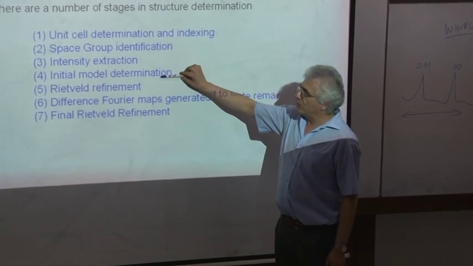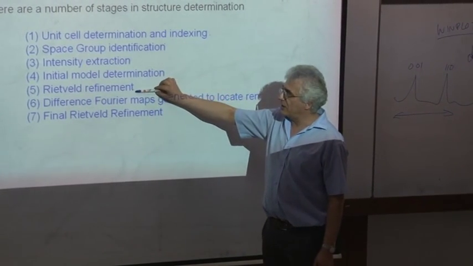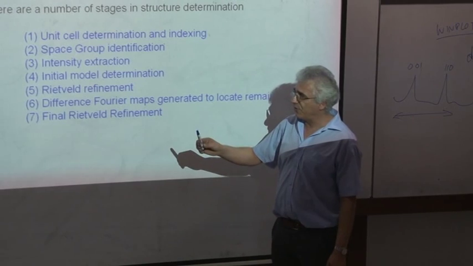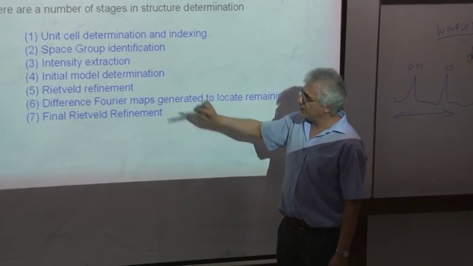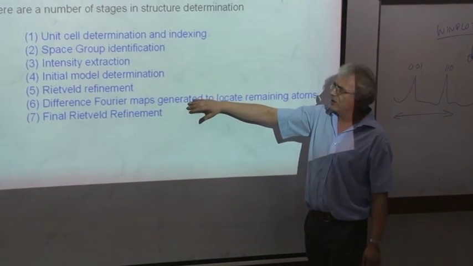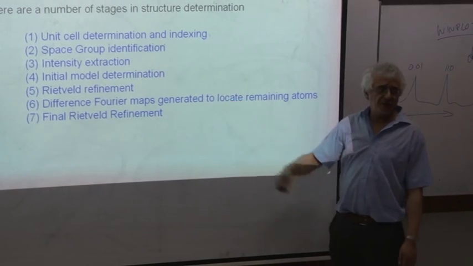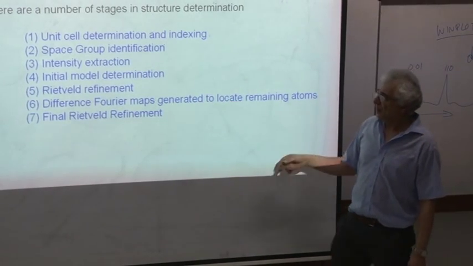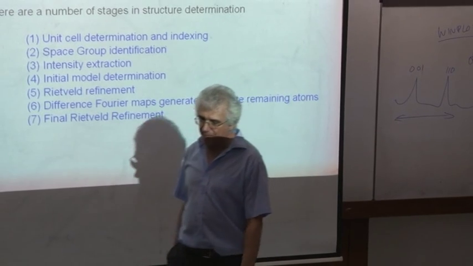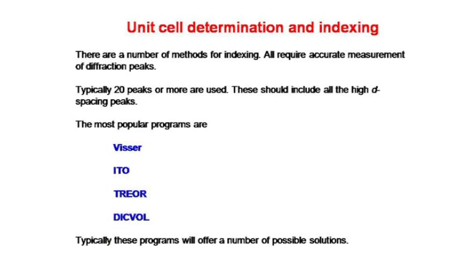Then determine your initial model, and I'll explain that in a minute. Then Rietveld refinement, then difference Fourier maps, just like in single crystal, to locate the missing atoms. And then a final Rietveld refinement. Let's go through each of those stages.